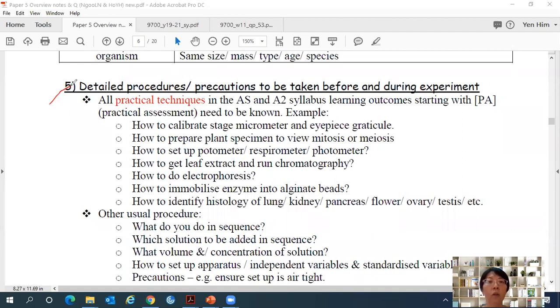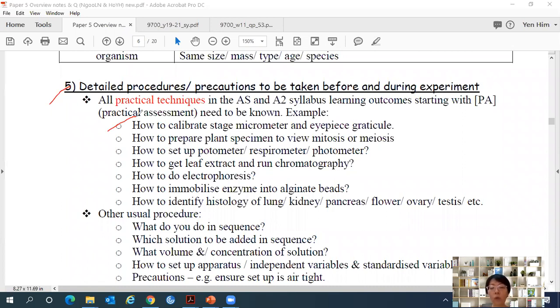You need to know them so that you can write out the procedure. For example, how to calibrate the stage micrometer and eyepiece reticule. This is not about showing calculation. This is about telling a person how to do it.